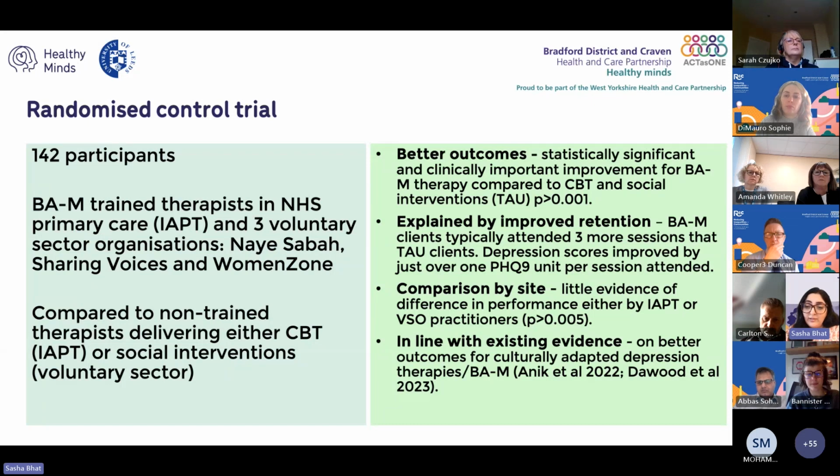We improved uptake, for the first time starting to achieve our uptake targets in Bradford, and the retention of people staying once they'd accessed the service was 3 times more. They were achieving reliable recovery rates for their goal-based outcomes, and the comparison of that was statistically significant as well.